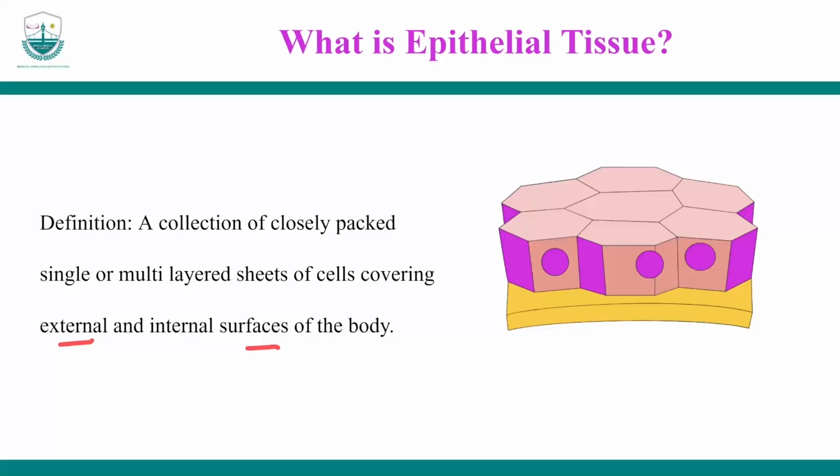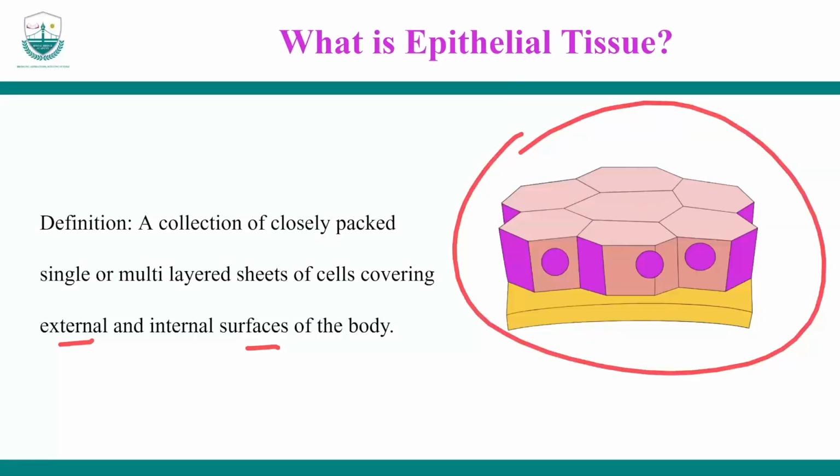Okay, so these cells can be single-celled. That is to say that we have a single layer of cells, or they can be several layers of cells. For example, in this picture here, this is a single layer of cells.